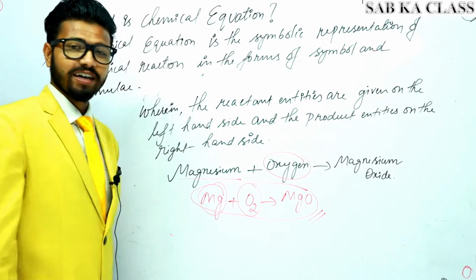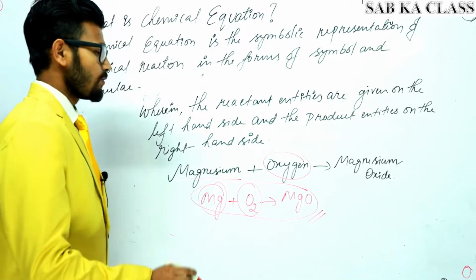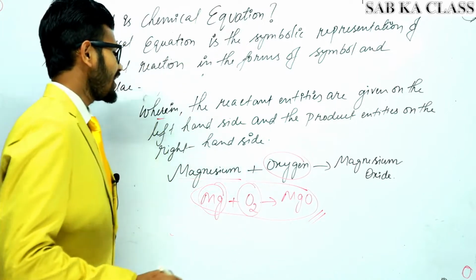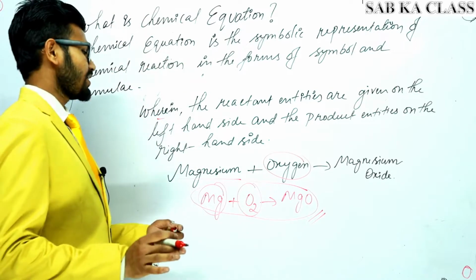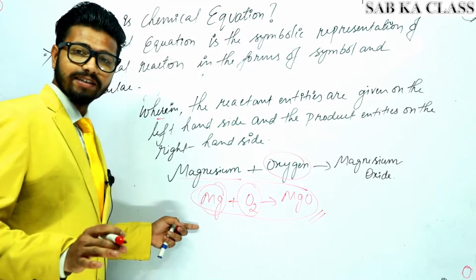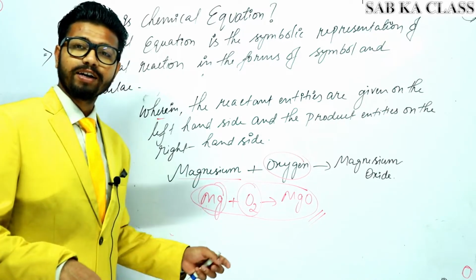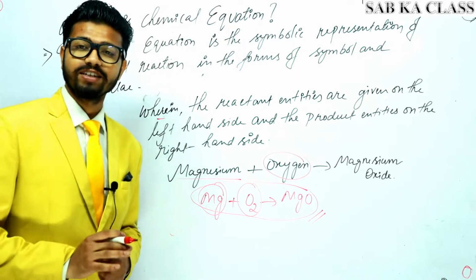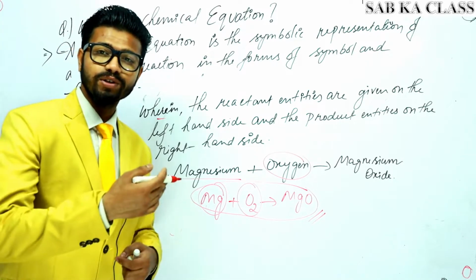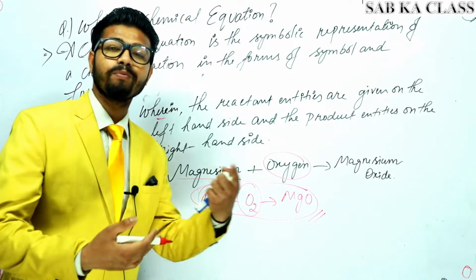And remember one more thing, let me remind you. The reactant entities are given on the left hand side and the product entities are on the right hand side. Always remember, the left hand side particles, atoms or molecules are known as reactants because they react to produce something that is called a product.